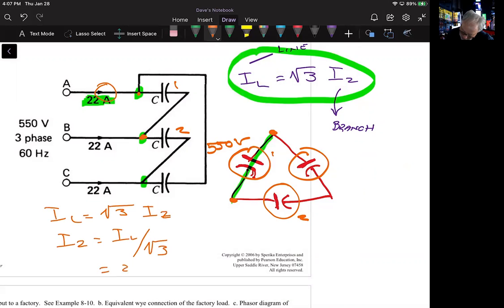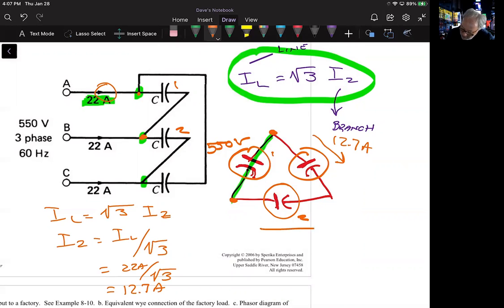I have 22 amps divided by square root of 3, which is 1.73, and that comes out to be 12.7 amps. So that tells me I have 12.7 amps in each one of these. Now, they're not going in the same direction, are they? One's going in, one's going out, but anyway, 12.7 amps in each of the branches.